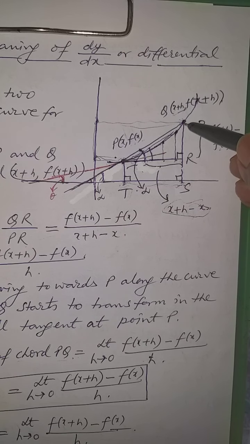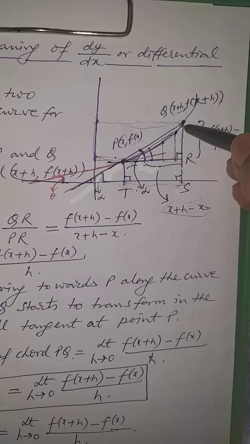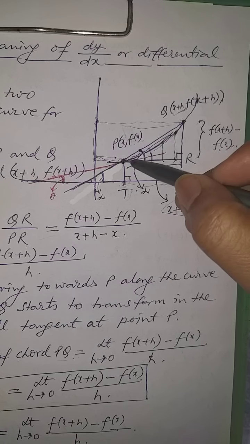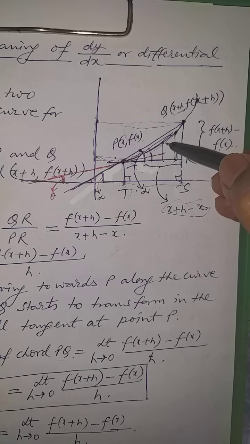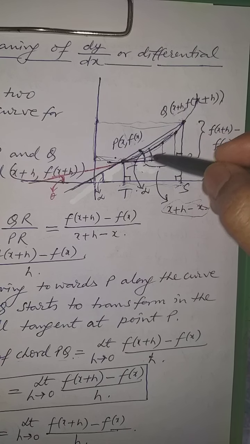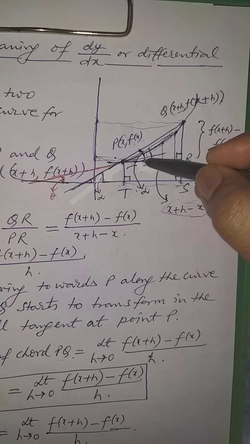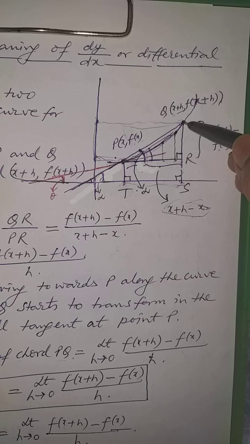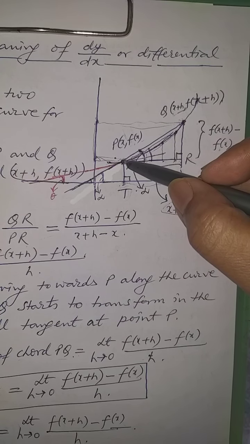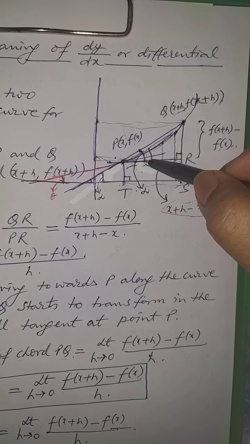The meaning is, if this point Q keeps on moving towards P, are you finding the angle alpha keeps on reducing, and ultimately when this Q coincides with this P, what will happen to this alpha?